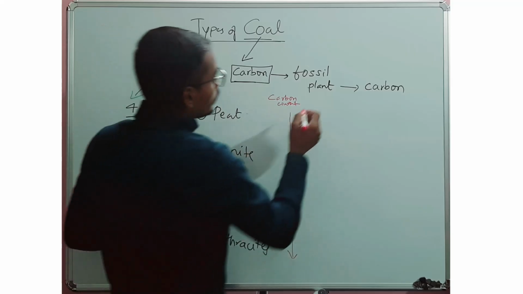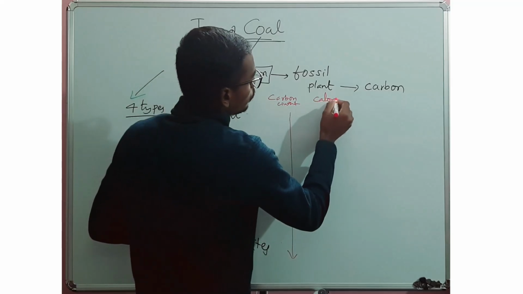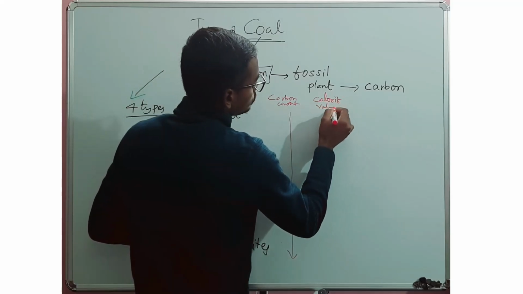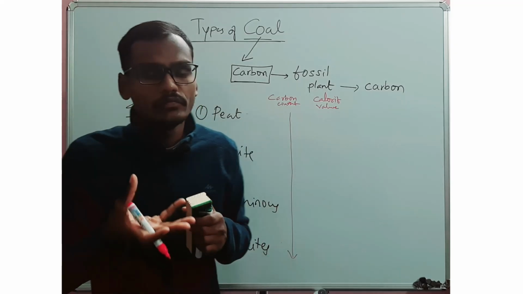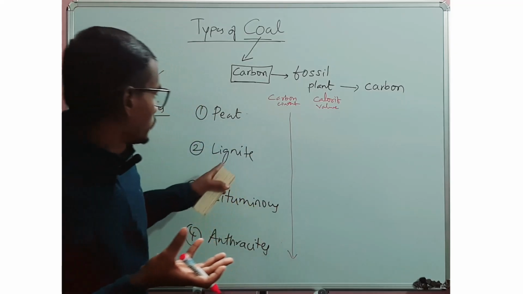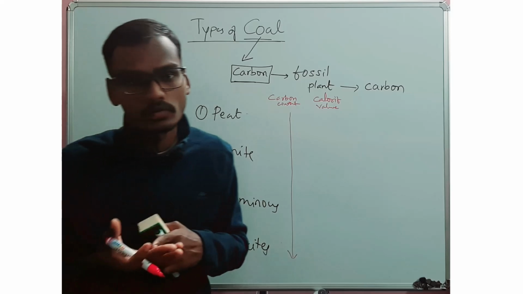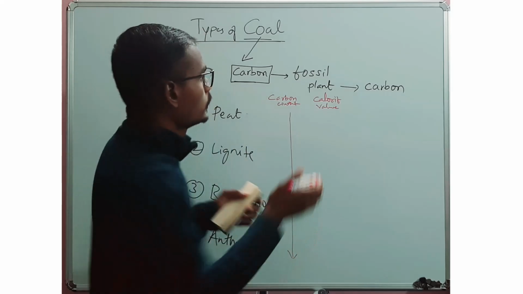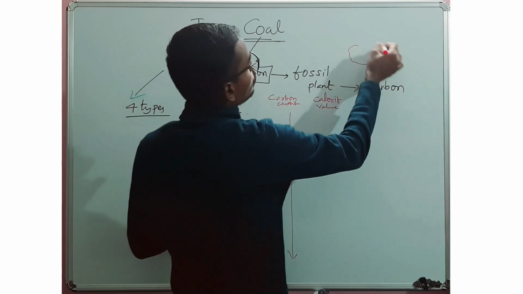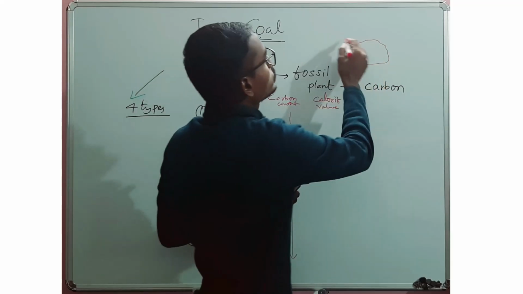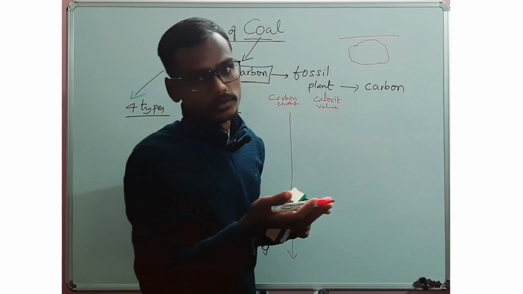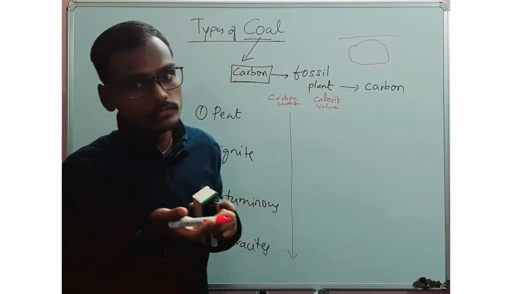Then, what is calorific value? Calorific value means the amount of energy we get if we burn a kg, or a unit, of coal. If we burn this much coal, how much energy do we get? That is the calorific value.